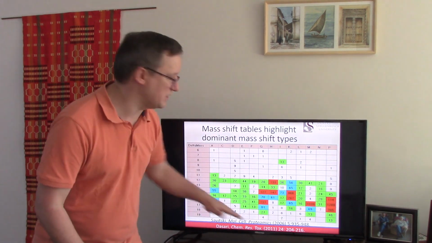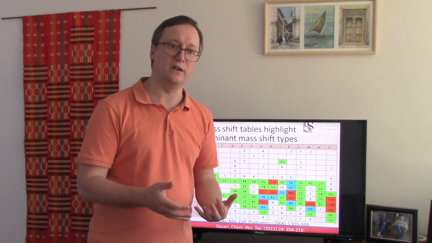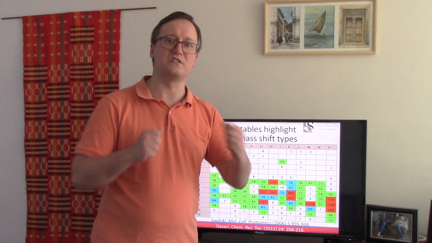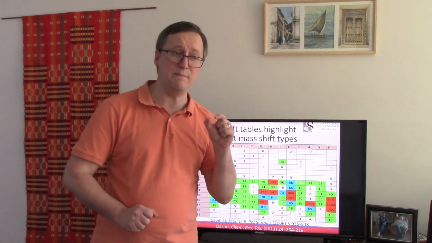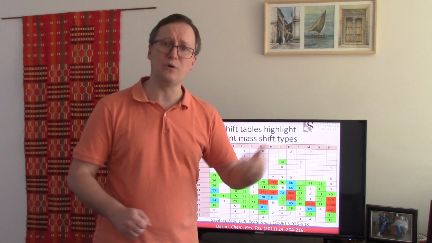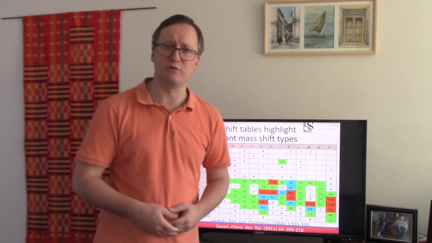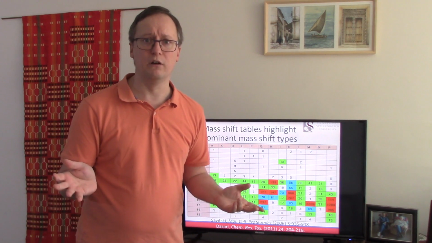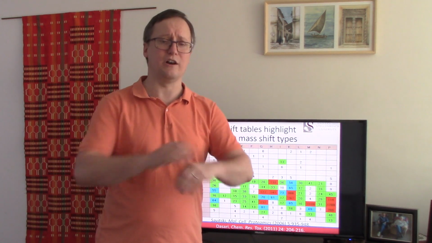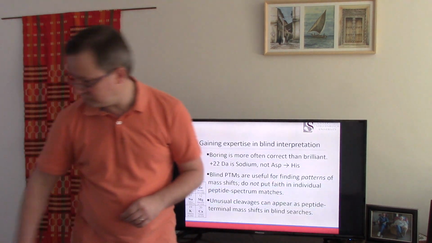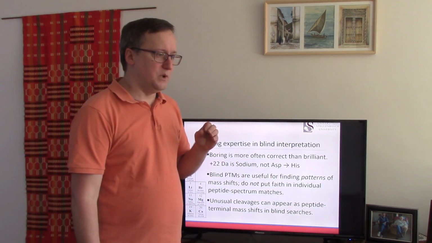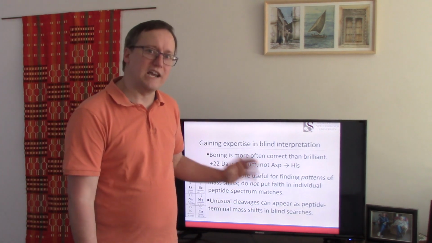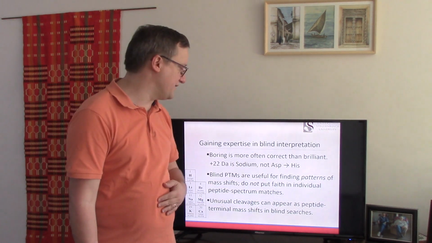This kind of interpretation is a very common way for people to try to make the strongest association possible between a mass difference and an amino acid that explains the most common result. You do not need to go chasing down every cell that has a number here. What you're looking for are broad patterns of modification that are characteristic of large numbers of spectra.